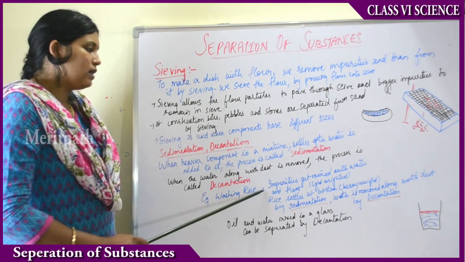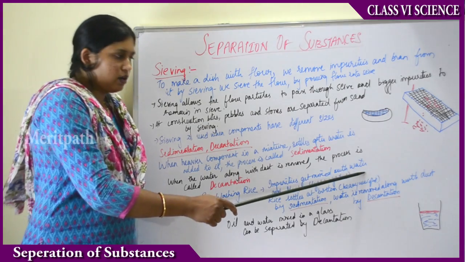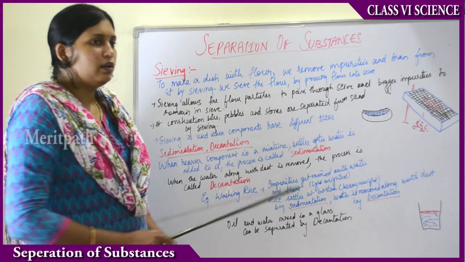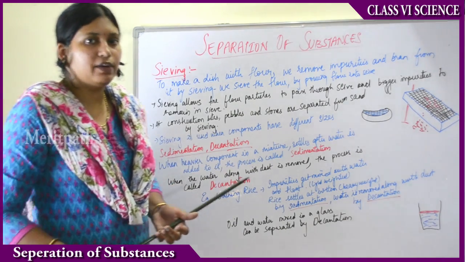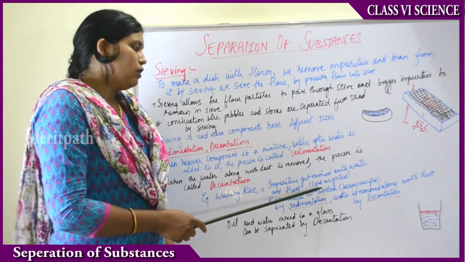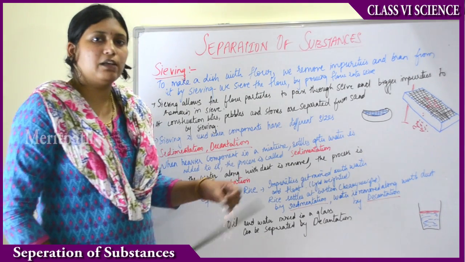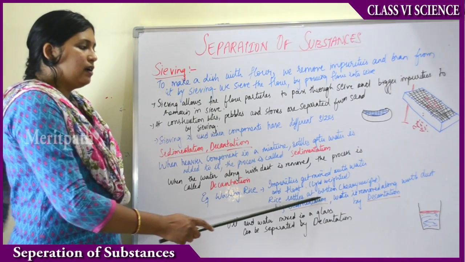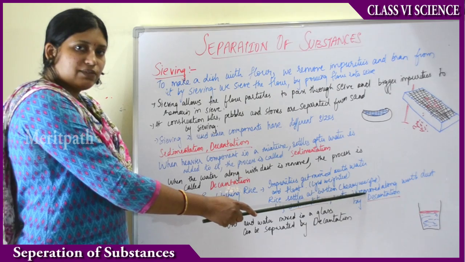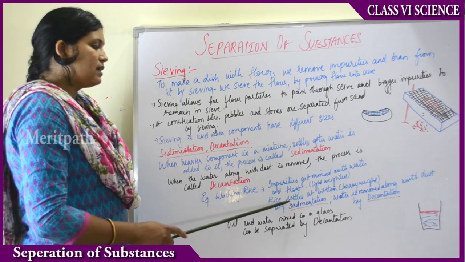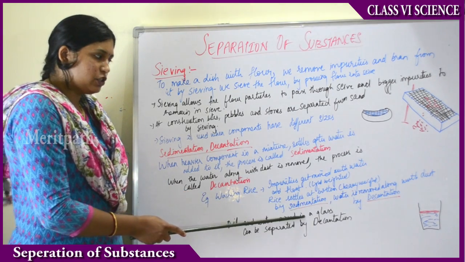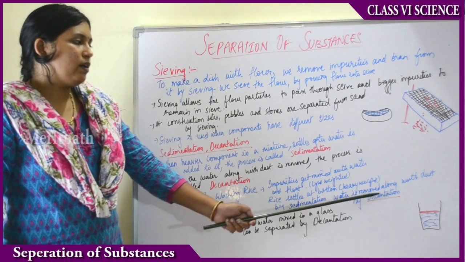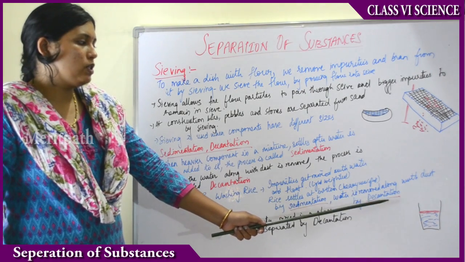So in washing rice, impurities get mixed with water, right? And float. Here water is acting as the light-weighted part along with the dust. The light-weighted impurities get mixed with water and float. And rice settled down at the bottom, so rice is the heavy-weight particle here. Rice settling down at the bottom is sedimentation, and then the dirty water is removed along with the dust by a process called decantation.